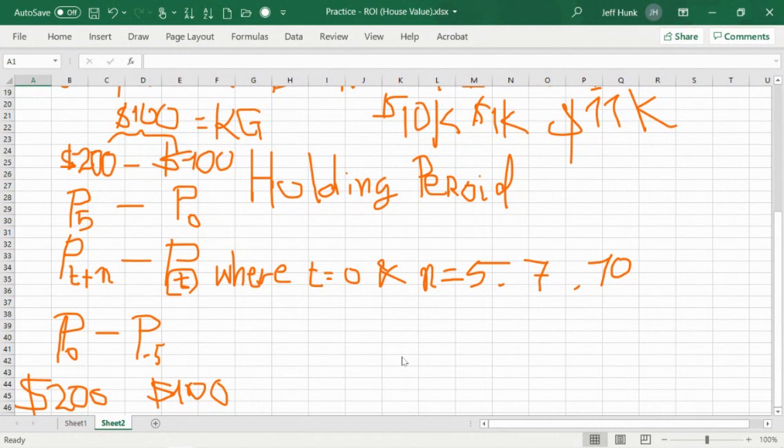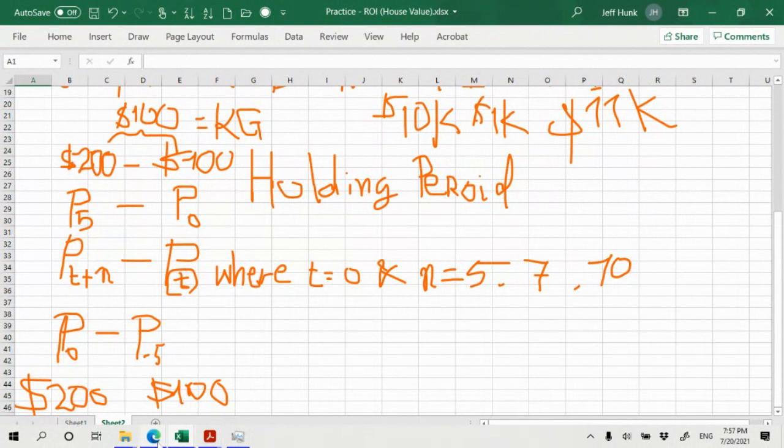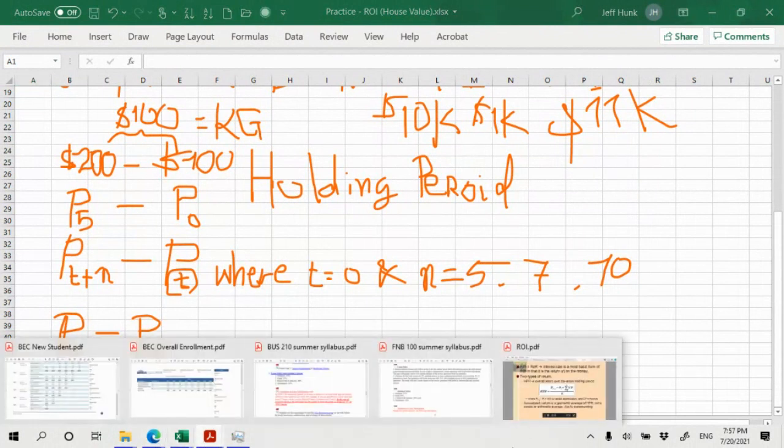It's not baffling or stupefying, right? If P5 is future, time 5 is 5 years from now, time minus 5 is the past, 5 years. So now we can talk about this formula, right?